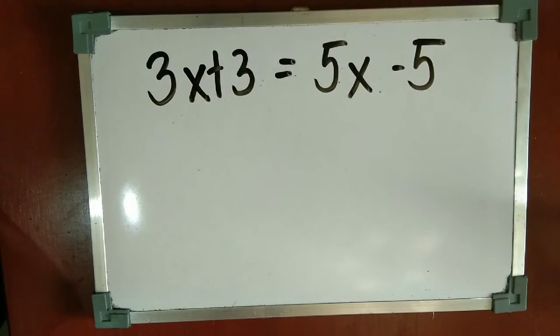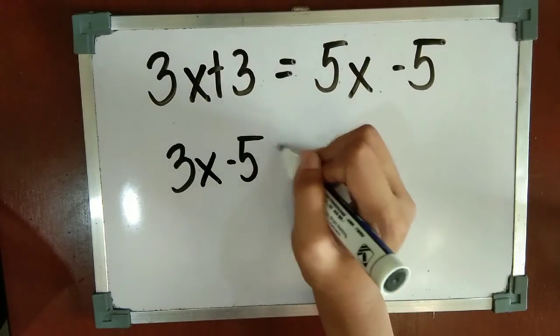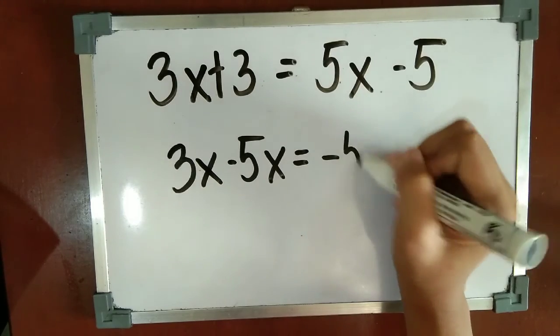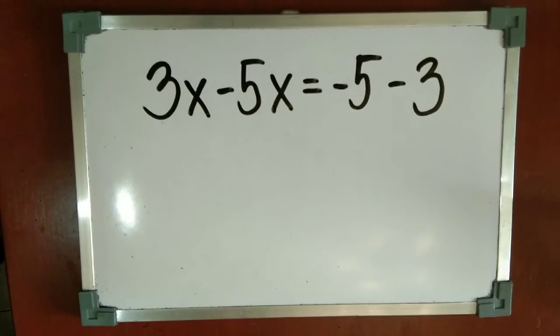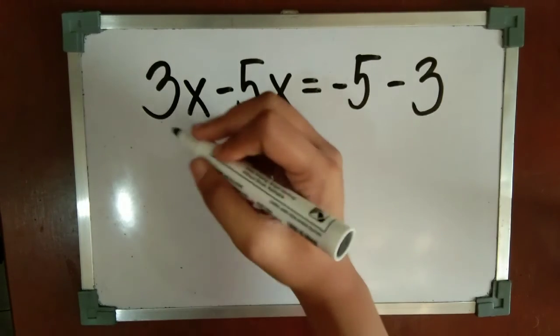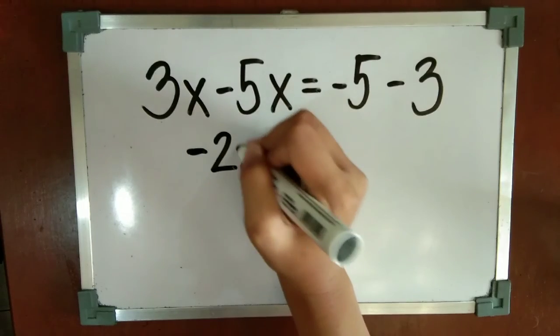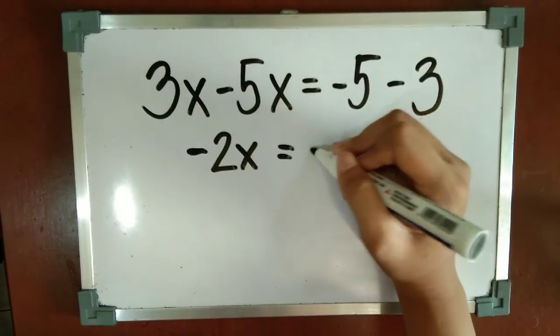Combine the similar terms. It should be 3x minus 5x equals negative 5 minus 3. Perform the operation. 3x minus 5x is equal to negative 2x, and negative 5 minus 3 is equal to negative 8.